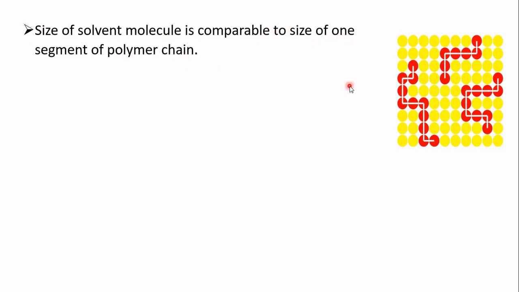So it is a very important assumption when we compare with the simple lattice model. In case of Flory Huggins theory, we are considering that the size of a solvent molecule is comparable to a size of one segment in a polymer chain. But in case of simple lattice model, we have considered that the size of a polymer molecule itself is equal to a size of a solvent molecule.